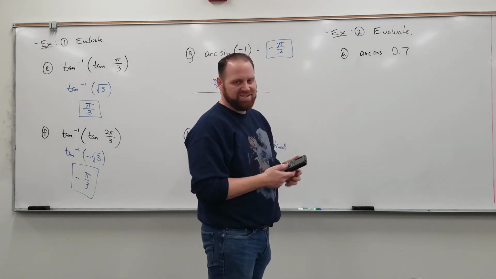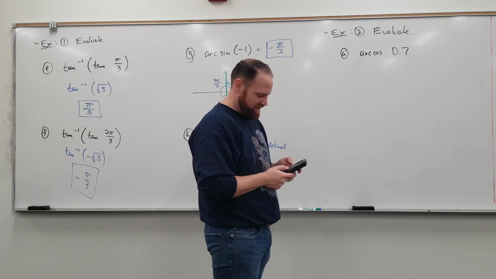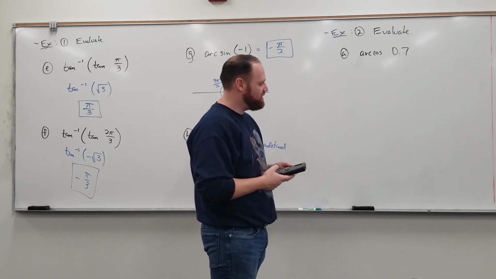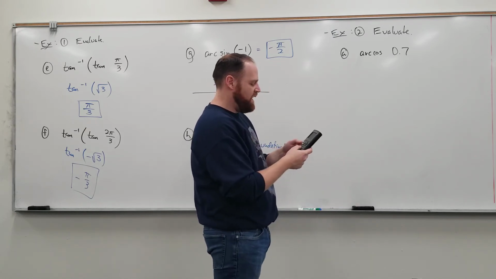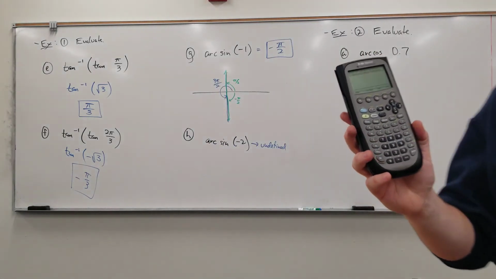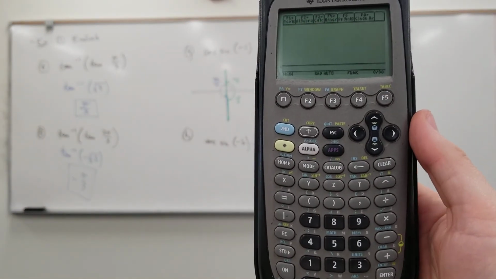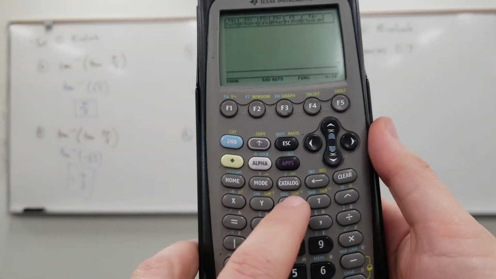Oh, my calculator's in degrees. I should have said degrees. I'll change the mode. Radians. Okay, let's go to radians. So I'm going to find cosine on my calculator. I know I told you couldn't use graphing calculators in this class, but on my calculator, it's in green, right there.